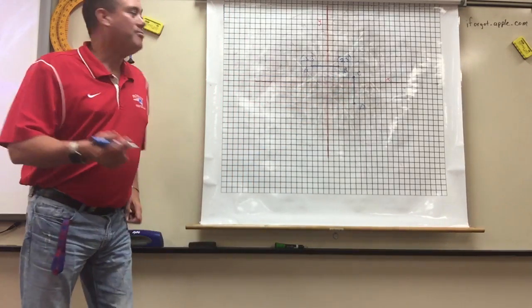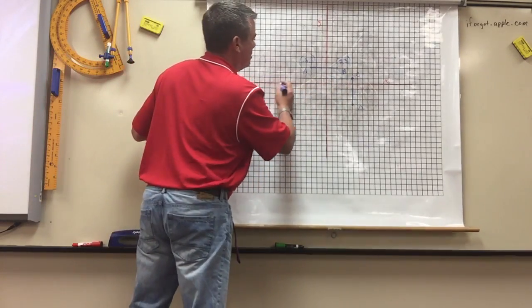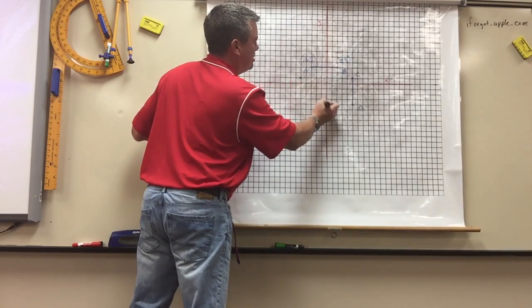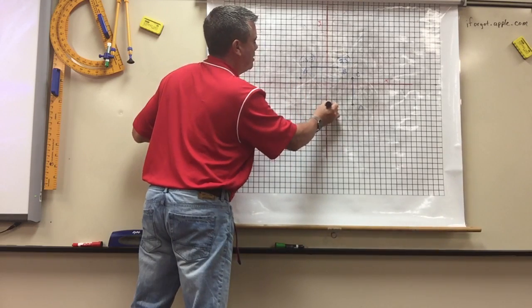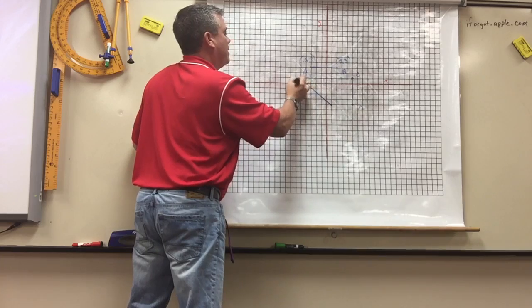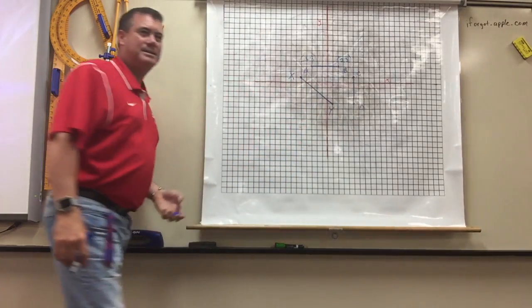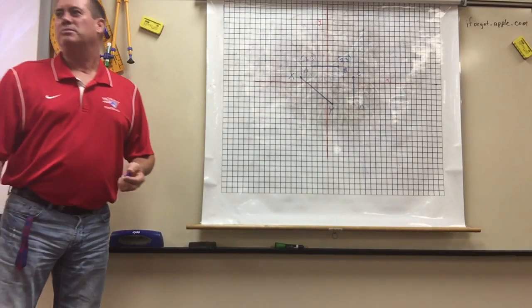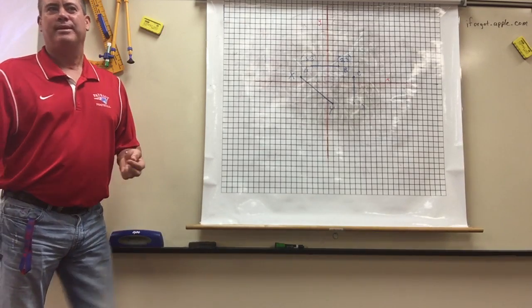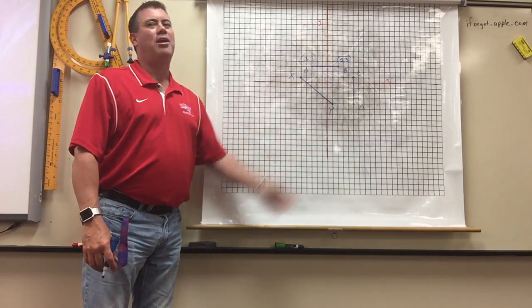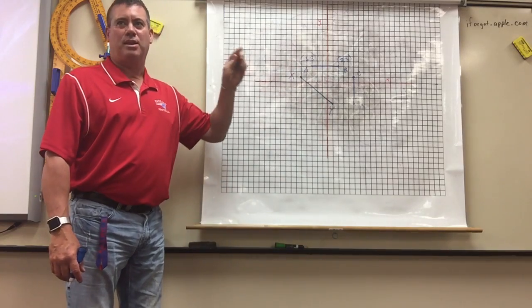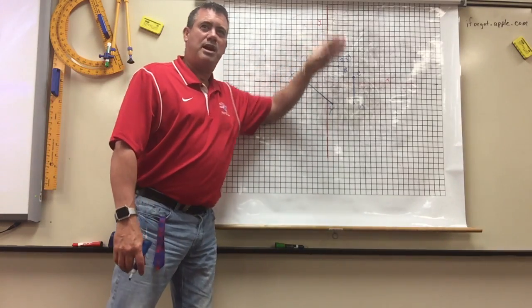But if it's, let's see, I'll just put a point here and a point there. If you had to find the distance from X to Y, you can't count. So anyone remember how you can find the distance between a line that's not horizontal or vertical?